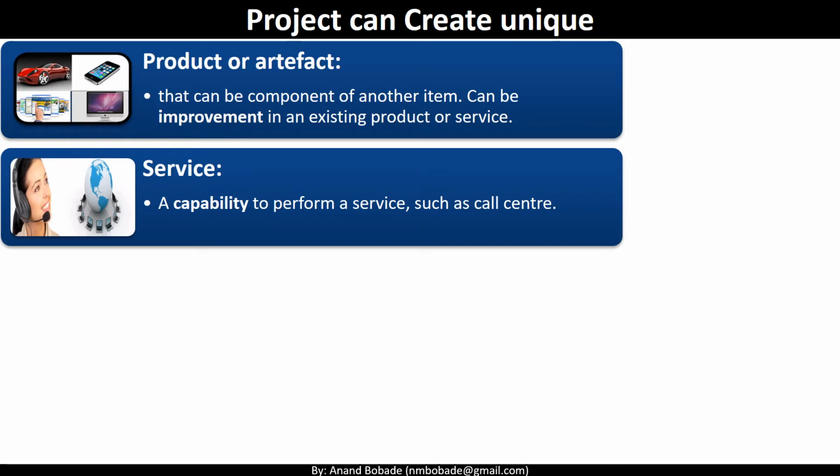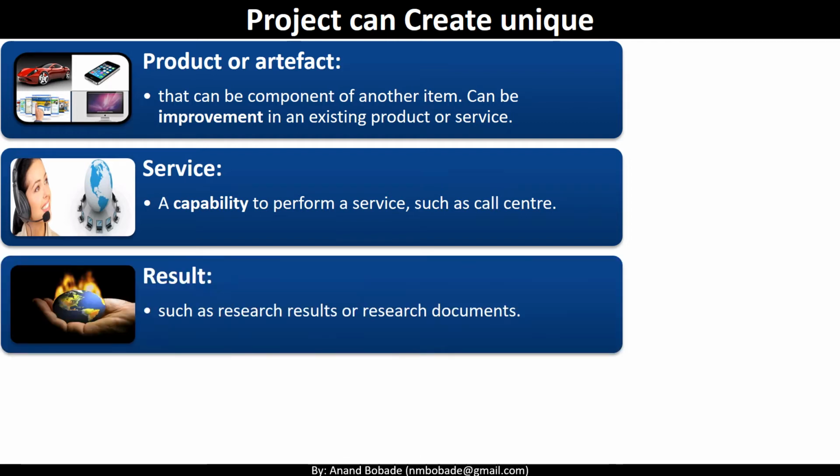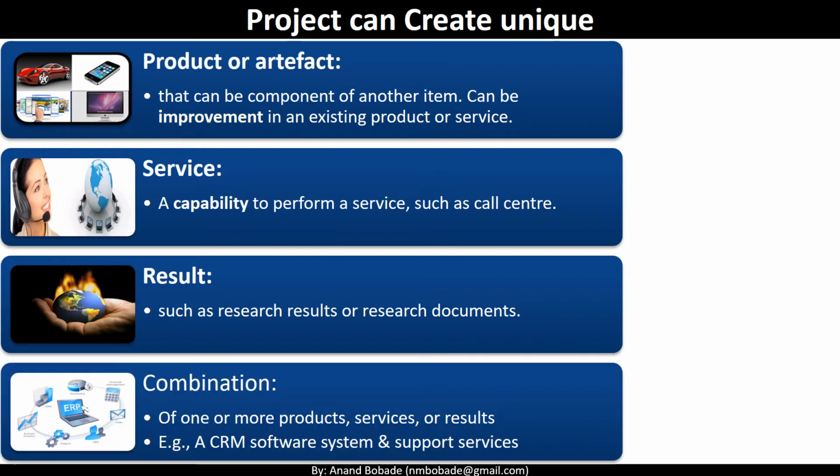So when we think about project, we are talking about setting up a call center with all computers, call center software, training staff, etc. Result, such as research result or research documents. Or it can be combination of one or more product or services or result. Example, a CRM, customer relationship management software system, may have a software solution as well as supporting services.